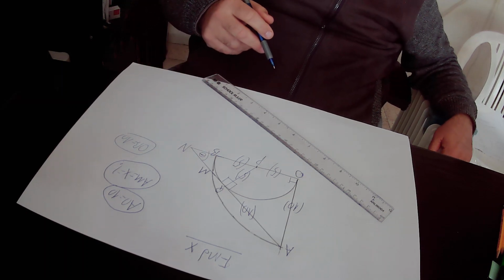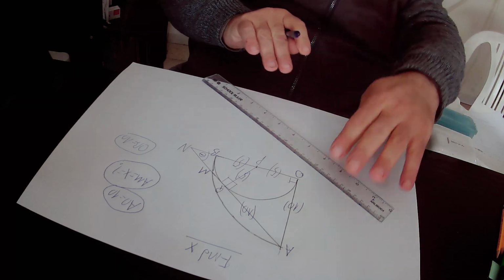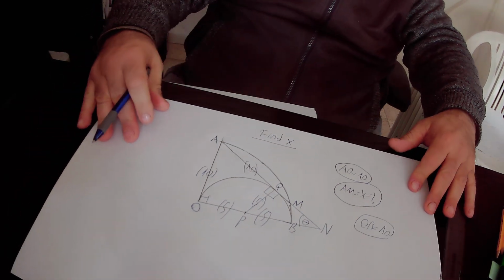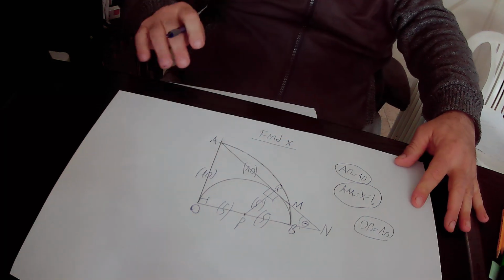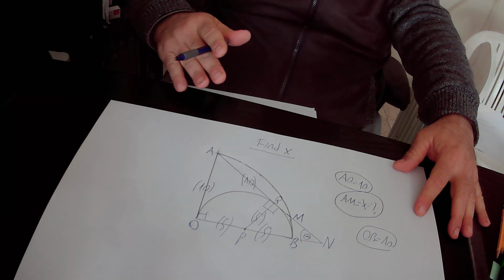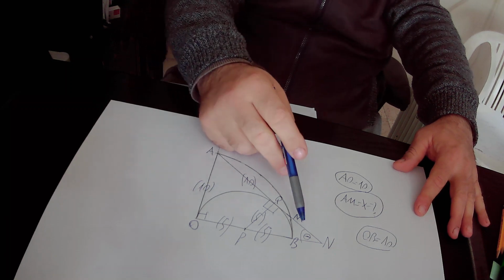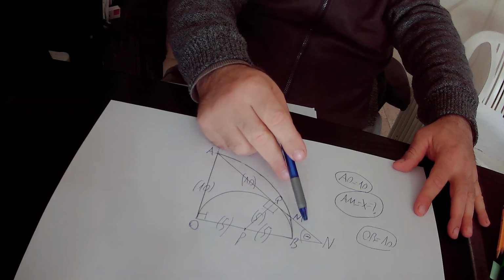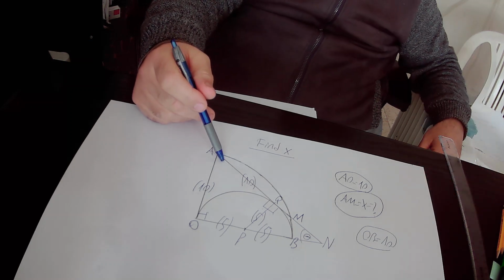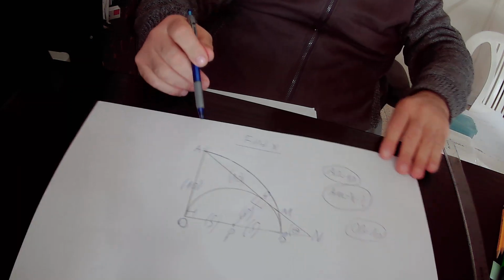and we'll continue to focus on the right big triangle AON. This angle equals theta, this angle equals 90 degrees, therefore the missing angle must be equal to 90 degrees minus theta.